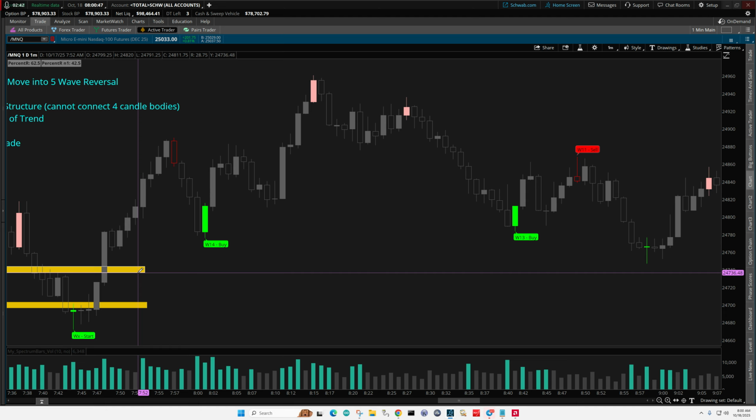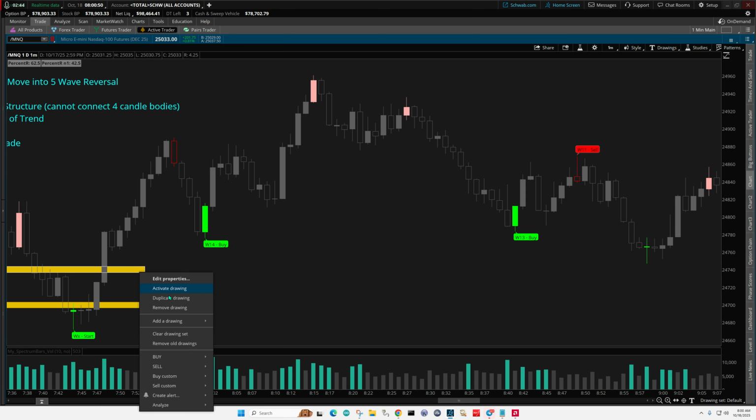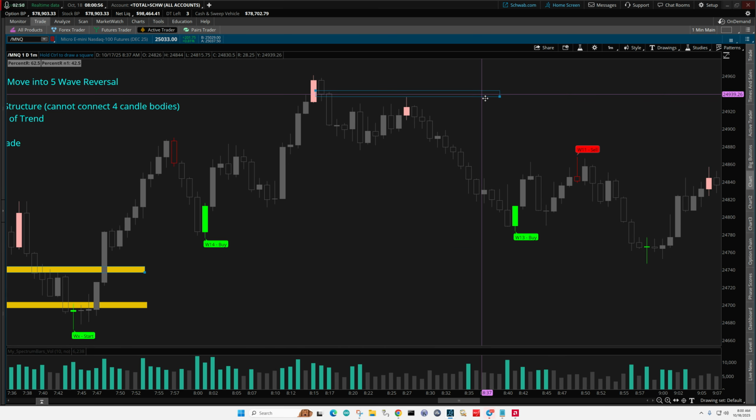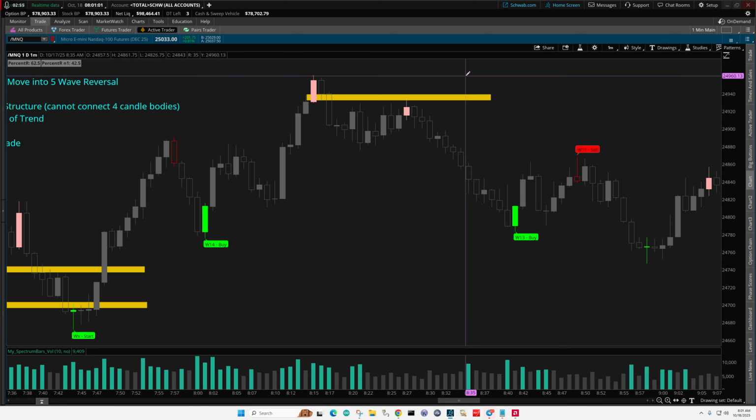and show you one more poor structure. And here, when price started pulling back, we can connect this candle body and this candle body, and then as we look right, we can see that price doesn't actually come back up and fill with 2 more candle bodies.